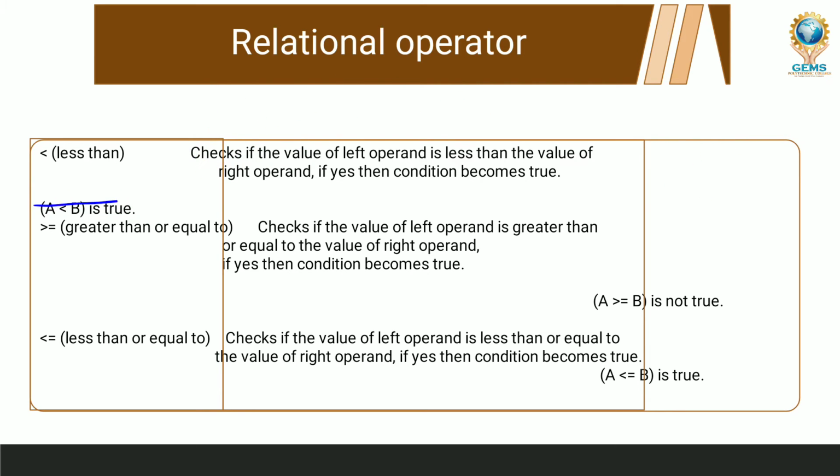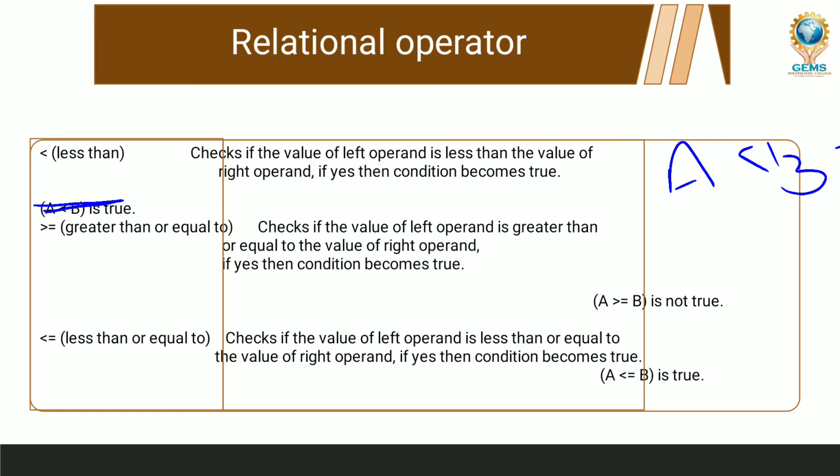No need to focus on that. Let's look at the less than symbol we were talking about in relational operators. A less than B, as it is true, thus it is true.